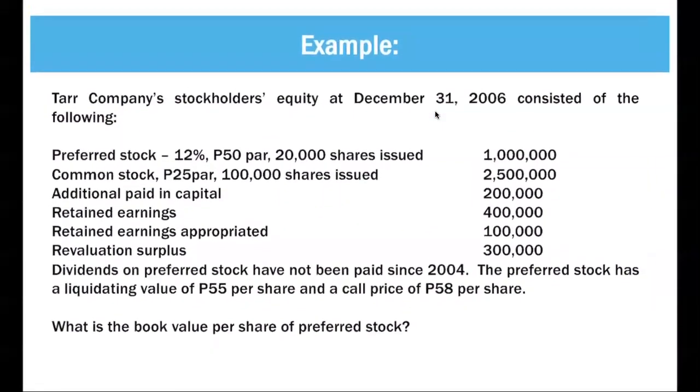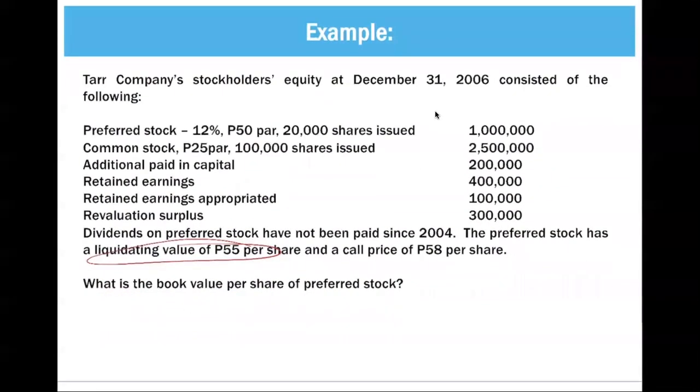So TAR Company's stockholders' equity at December 31, 2006 consisted of the following. What is the book value of the preferred stock? So the preferred stock has a liquidating value of 55 pesos per share. And the preferred stock does not provide whether it is cumulative or non-cumulative. So we assume it is non-cumulative.